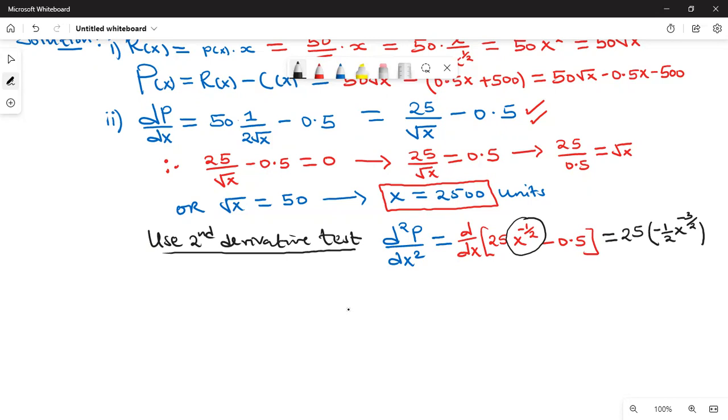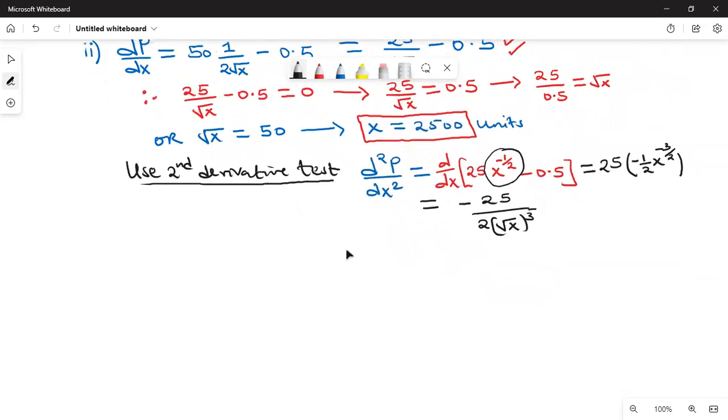Now, when x is 2500, remember, this can be written as, before I substitute x, negative 25 over 2 root x cubed. That's how it can be written, so that you can easily see it explicitly.